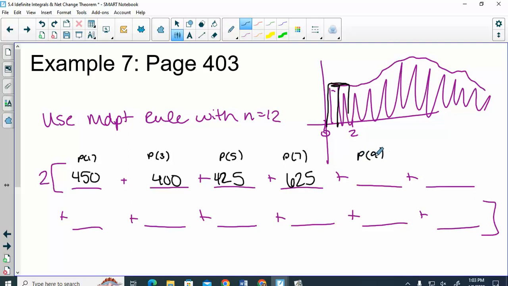And then when my x is 9, 800. When my x is 11, okay. When we're at 13, still pretty close to the 850, isn't it? 15, 850-ish again.